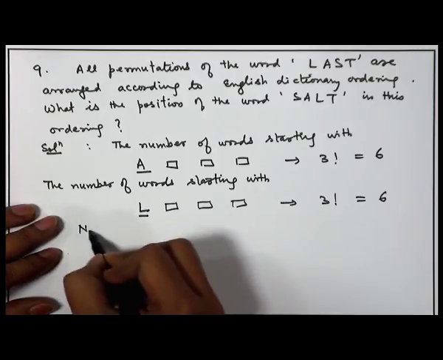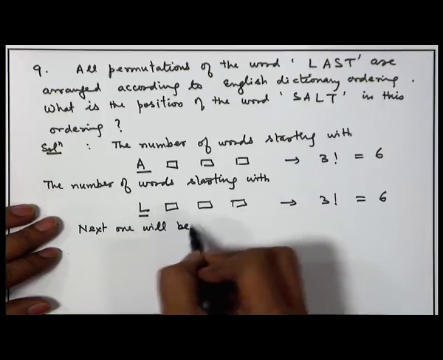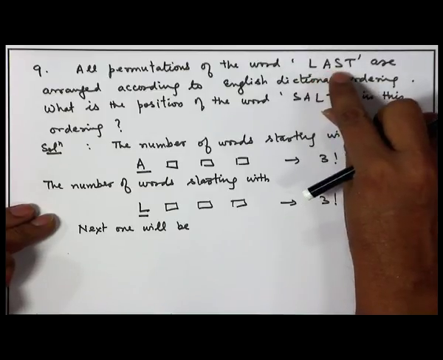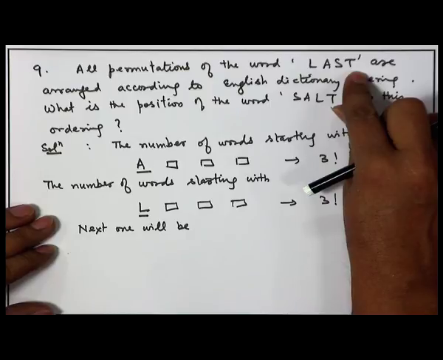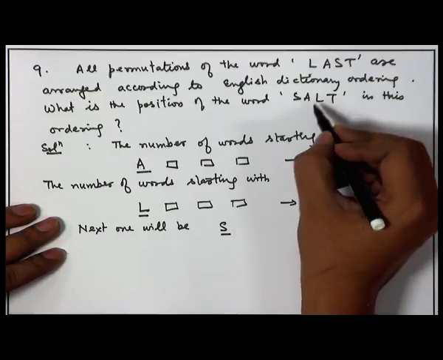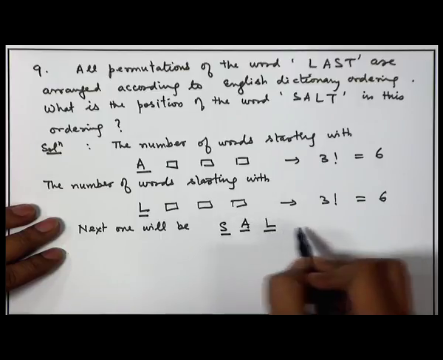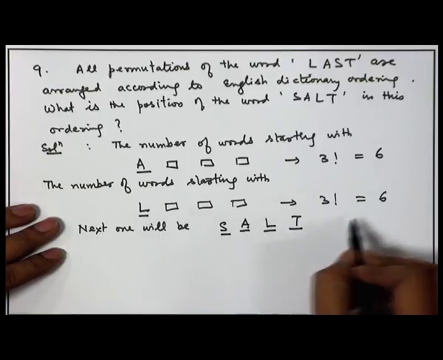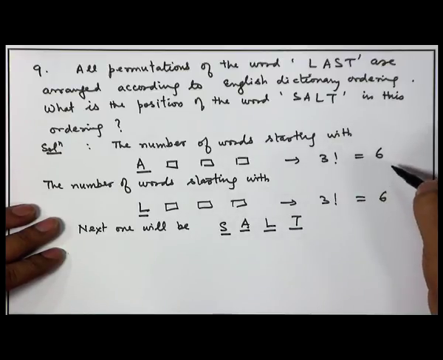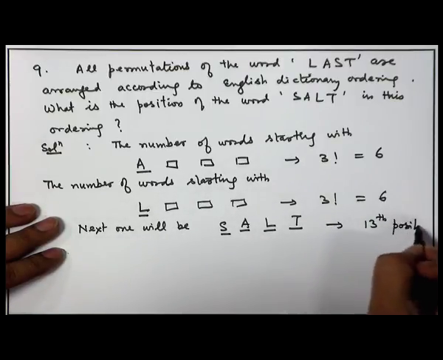Then the next one, according to the dictionary ordering of A, L, S and T, will be S. Now, if you look at the dictionary ordering, A will be the next one coming here, then L and then T. So that means the position of SALT will be 13th in this list. So that is the 13th position.